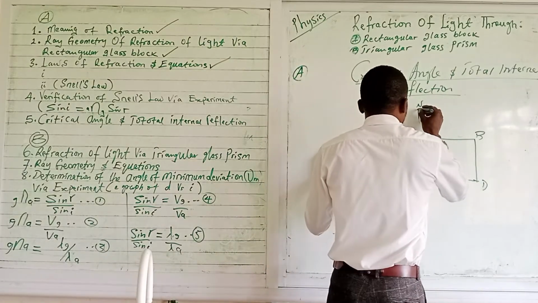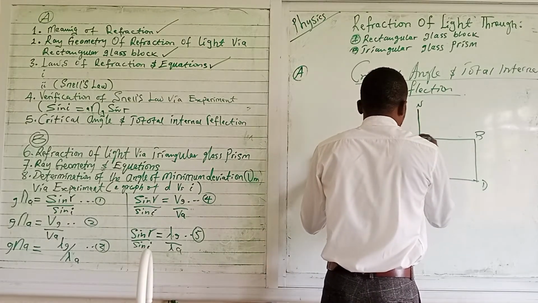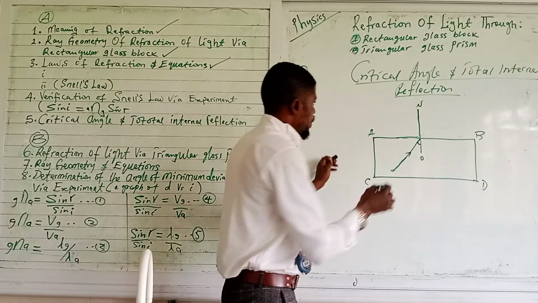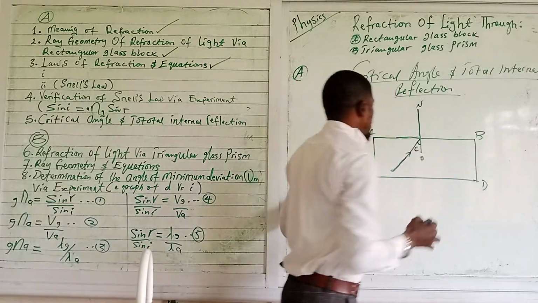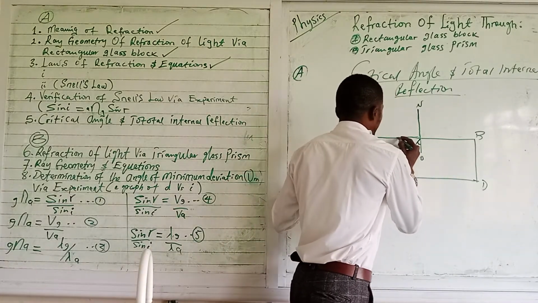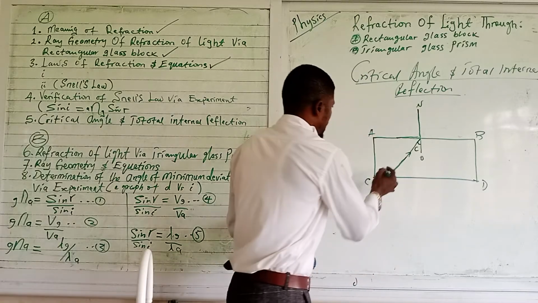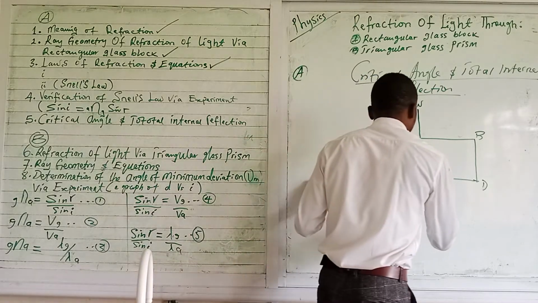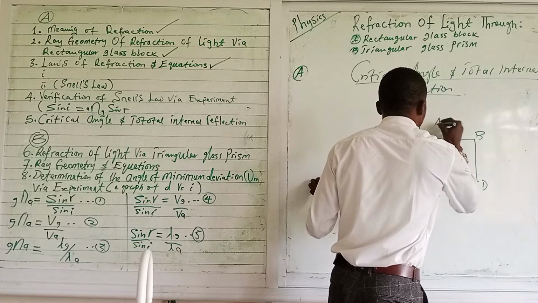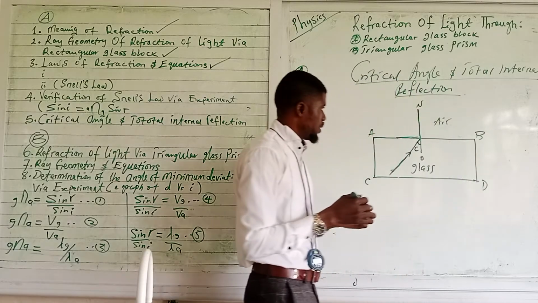So in this case, the critical angle C will also take reference to the normal, although it is traveling from glass to air medium.